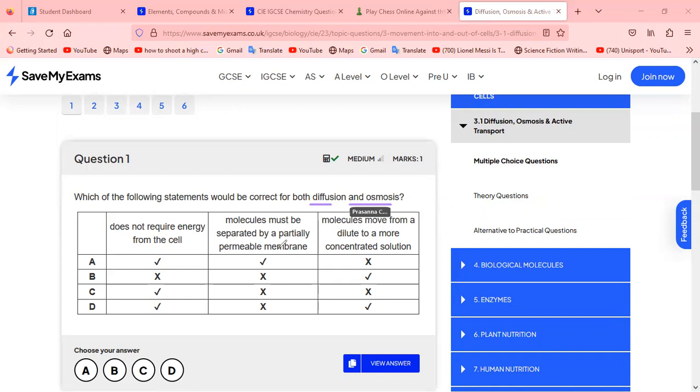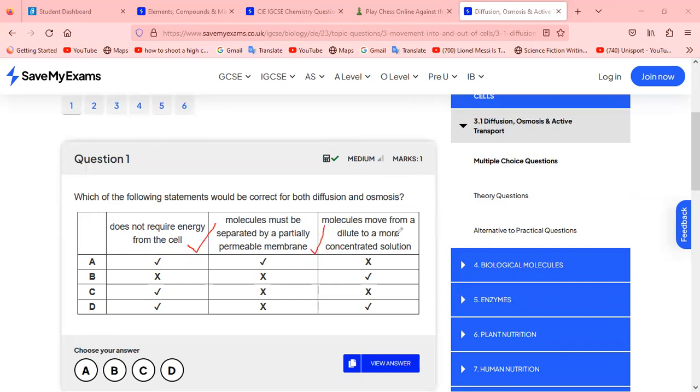So it's not only one that we'll be looking at. In diffusion and osmosis, we don't require energy from the cell, so this will be correct. We don't need a partially permeable membrane for diffusion.